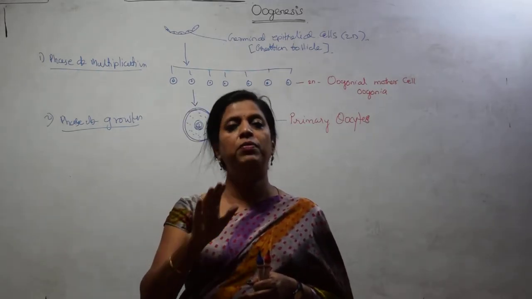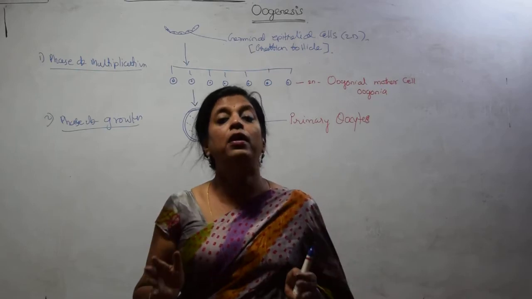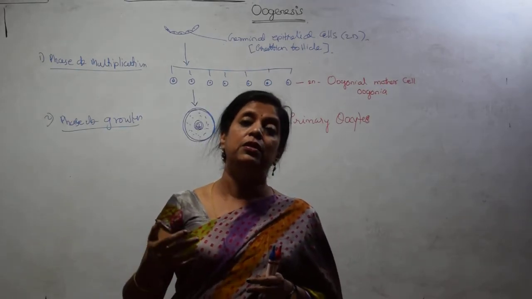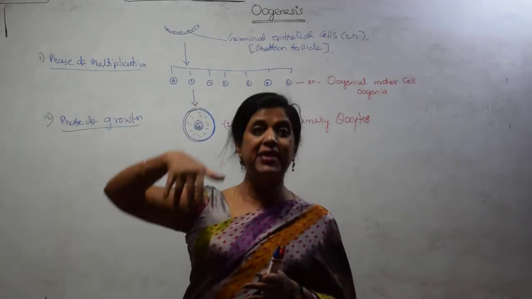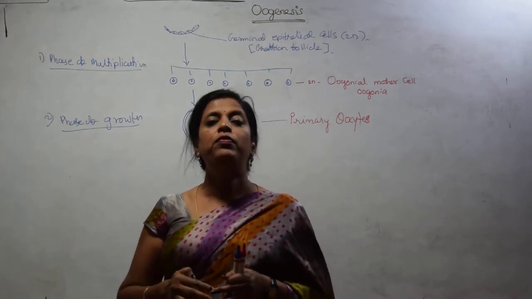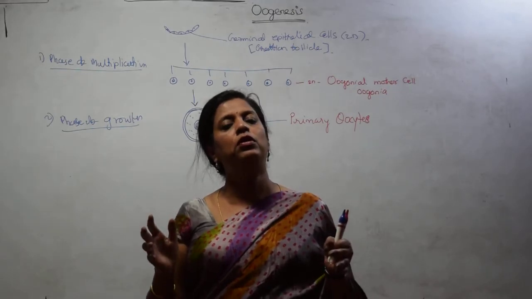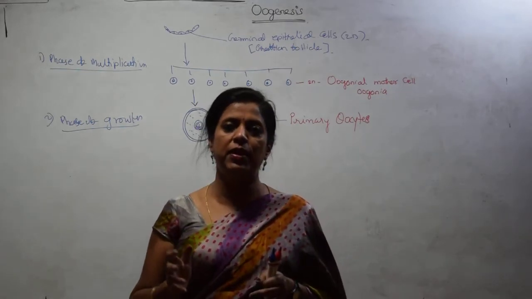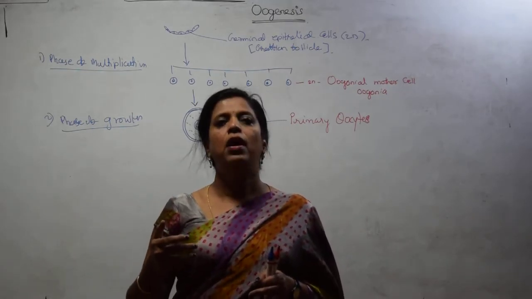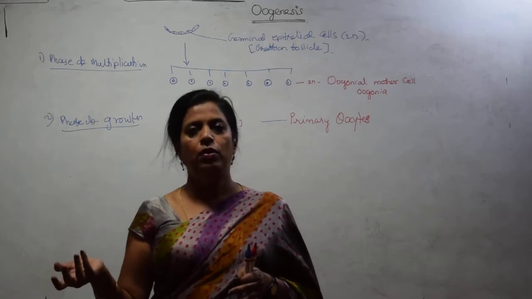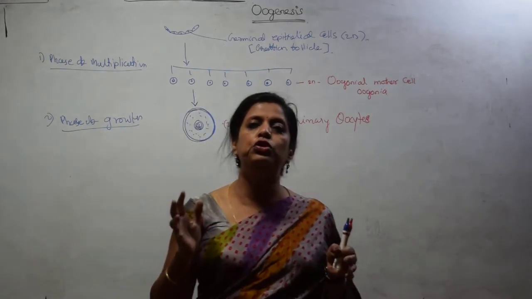Embryo must be nourished by the egg itself, which is already packed while releasing. Therefore, the presence of yolk is very important for the survival of animals like frogs and birds, because they will have huge yolk.